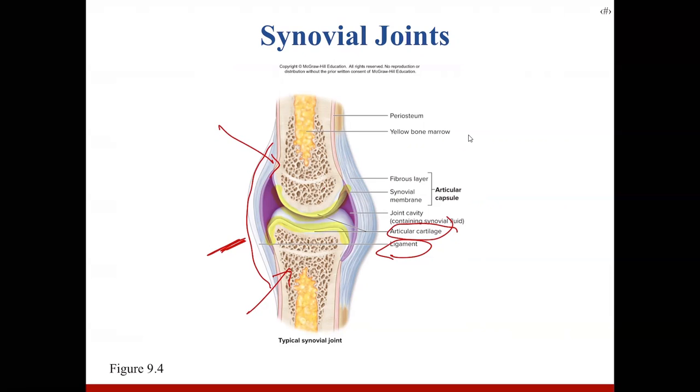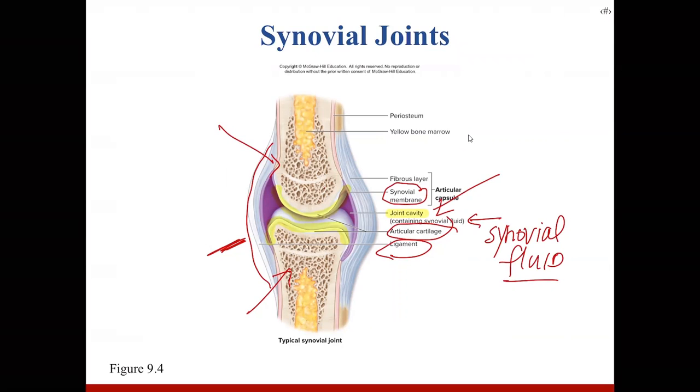The purple is the joint cavity. So it is a cavity. And inside of that cavity, you're going to have a synovial membrane, and there's fluid, synovial fluid. We'll talk about that in a minute. The synovial fluid is in there, so it's not dry, right? It's liquidy.